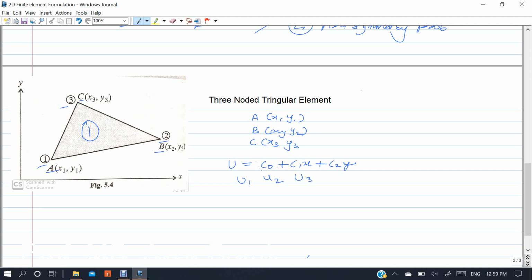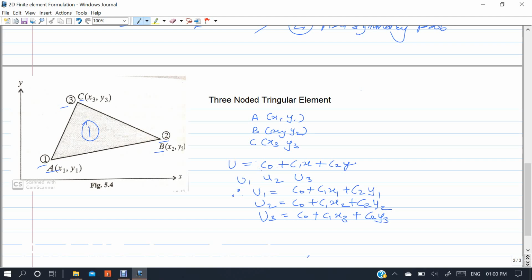Therefore u1 will become c0 plus c1 x1 plus c2 y1. Then u2 will become c0 plus c1 x2 plus c2 y2, and u3 will become c0 plus c1 x3 plus c2 y3.